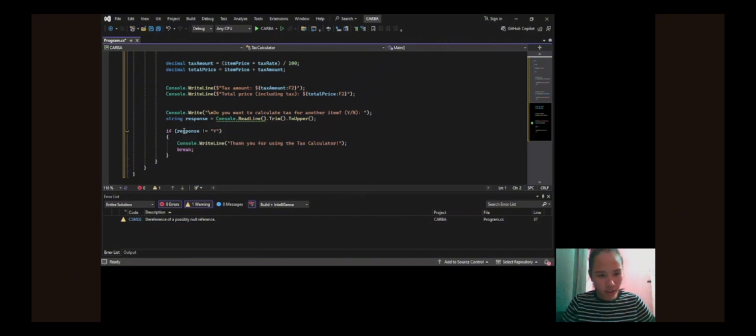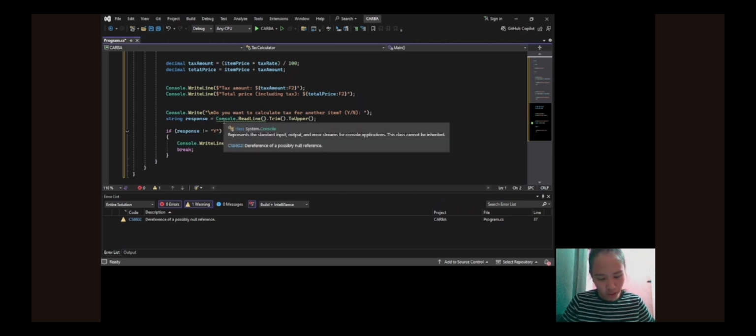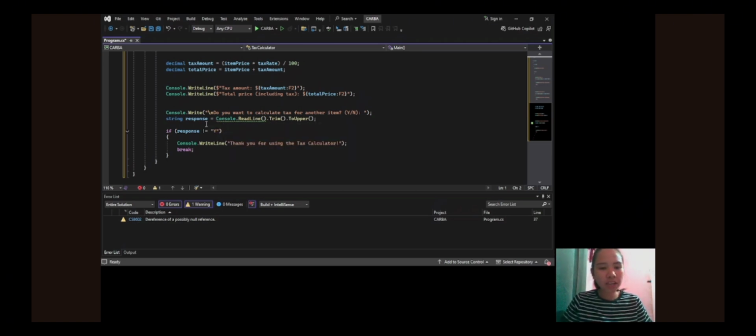The next line is if response is not Y. If the user did not enter Y, the program proceeds to exit.